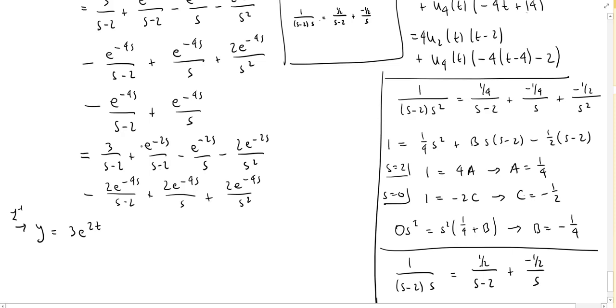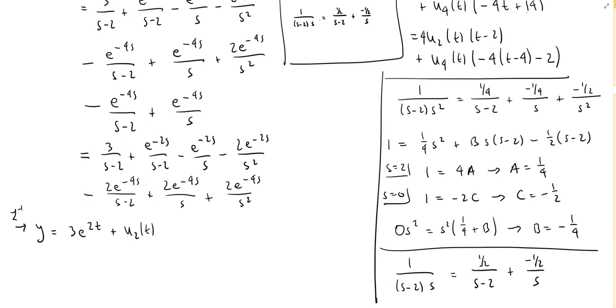But we have this exponential, and what we know by the second shifting theorem is that this corresponds to the unit step function, shifting by 2, so u2 of t, multiplied by the function.